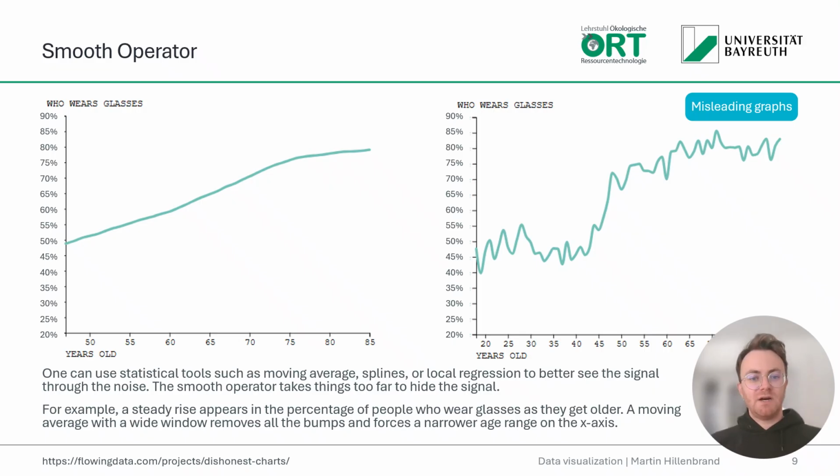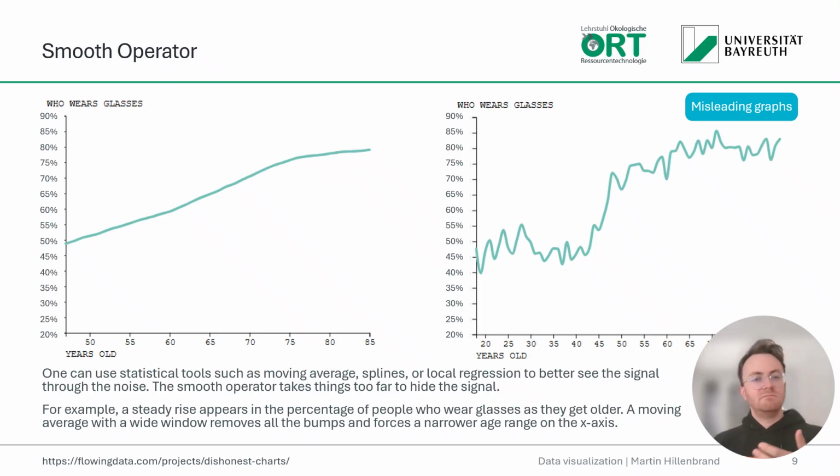If you now look at the two again, you see on the right chart there is a little bit more movement. On the left, you see a steady rise in the percentage of people who wear glasses as they get older, and you would remove all the bumps and force a narrow age range on the y-axis.